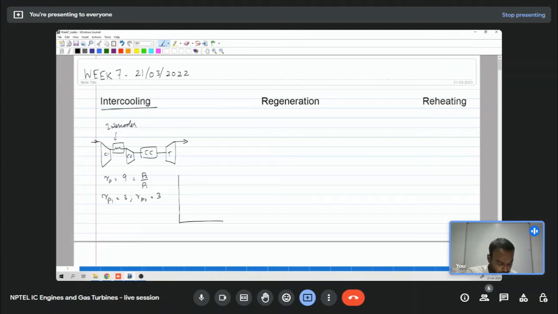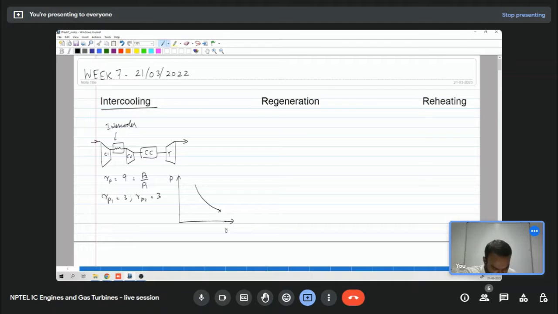So if you want to plot this process in the PV diagram, generally if you start a compression from this point, it compresses like this for an isentropic process.